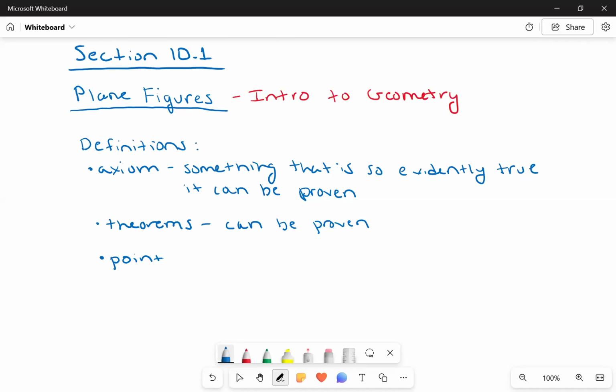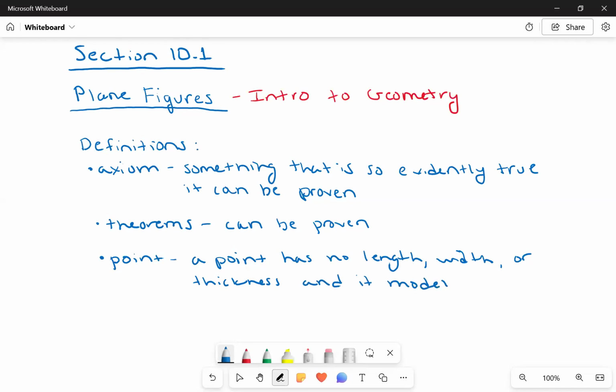So the definition we're going to use is a point has no length, width, or thickness, and it models an exact location in space.